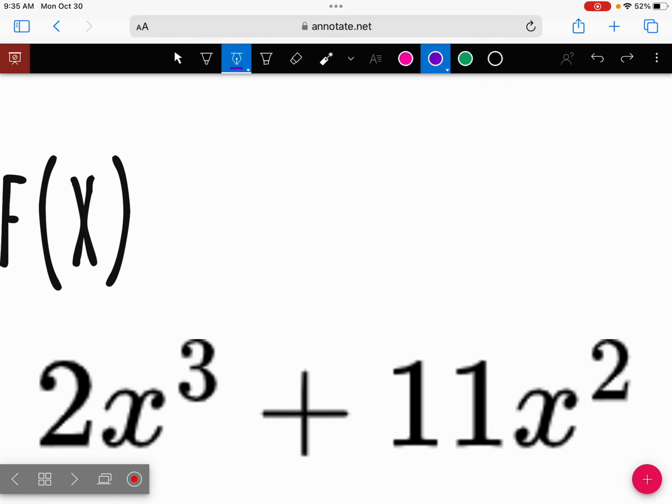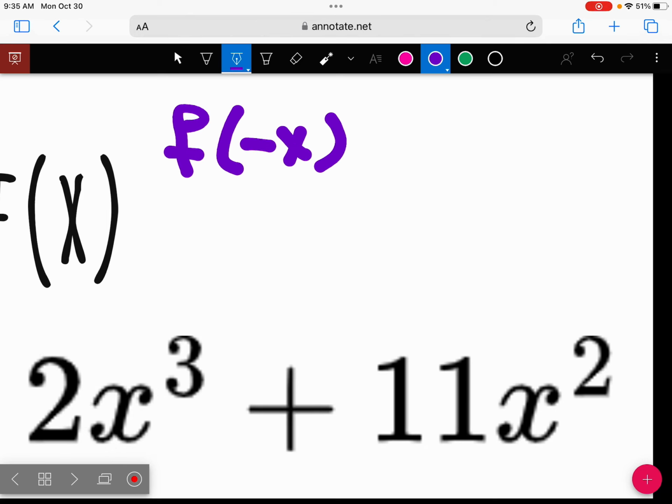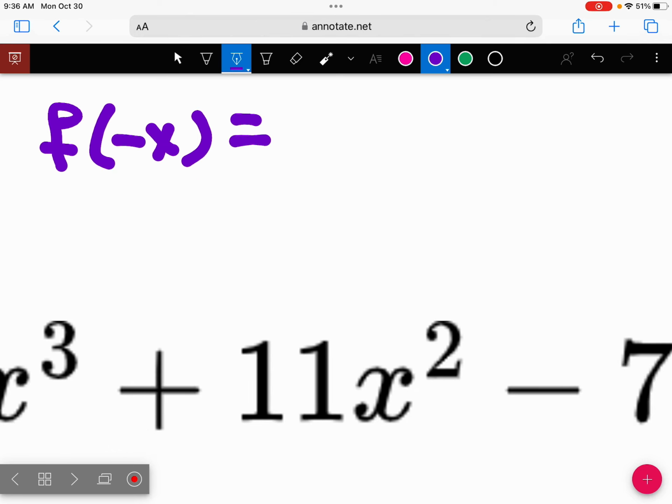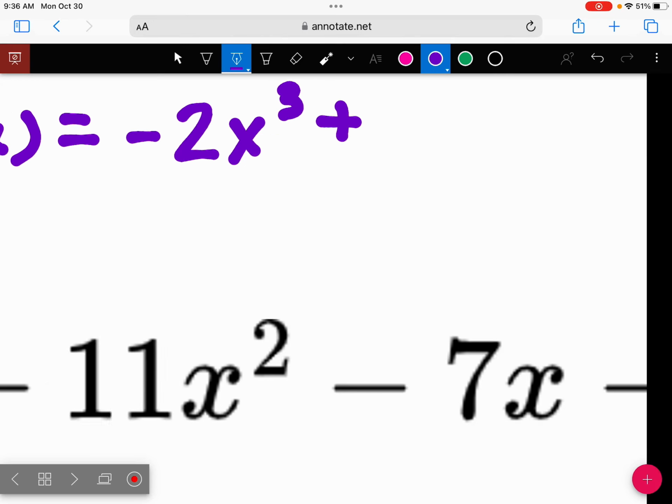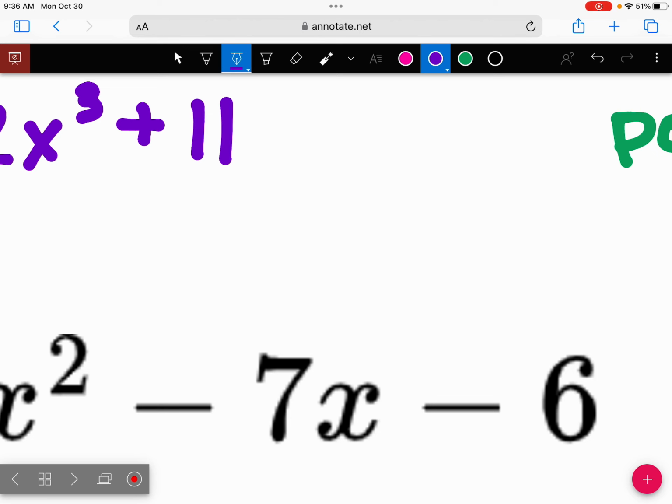And I'll put it up here so it doesn't confuse us. Our f of minus x, when we substitute in our minus x, so the opposite of x cubed is going to change the sign, minus 2x cubed. It's not going to change the sign on my x squared.